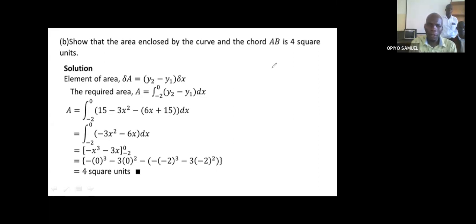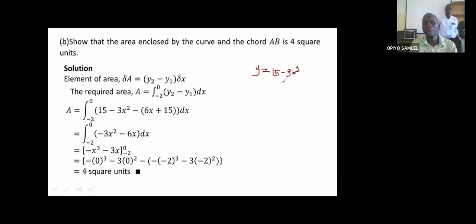So when you look at the curve, y is given as 15 minus 3x squared.